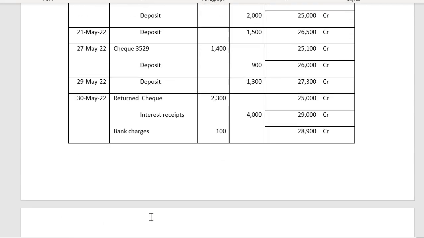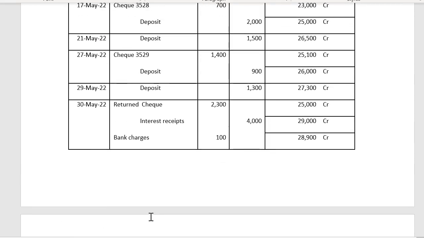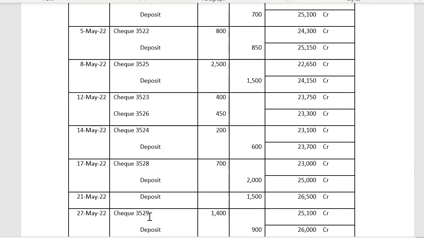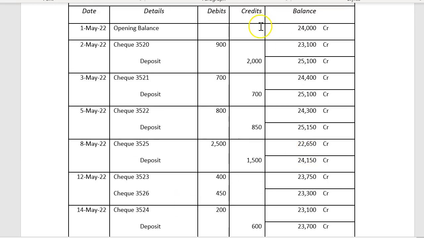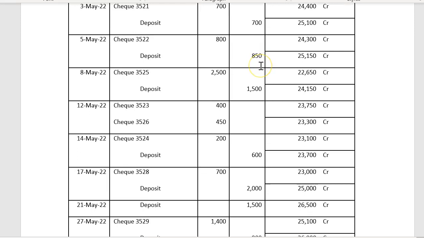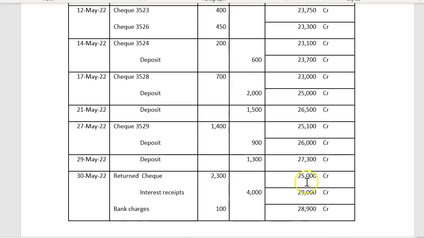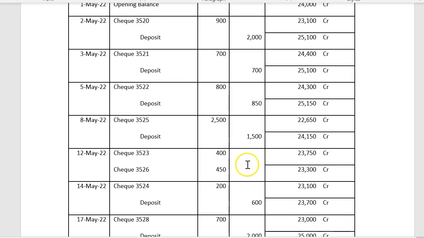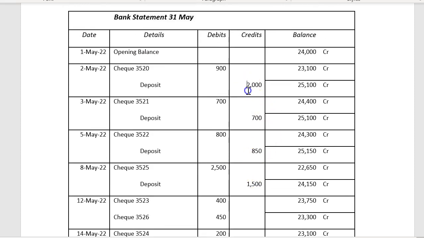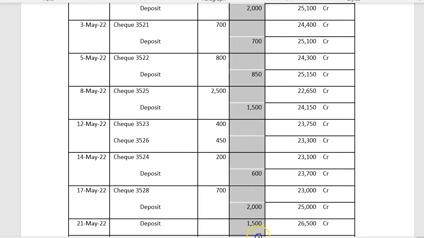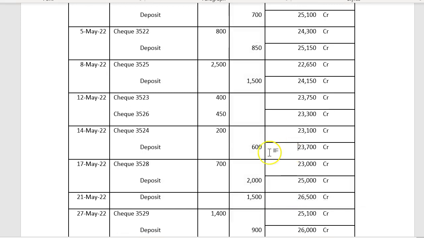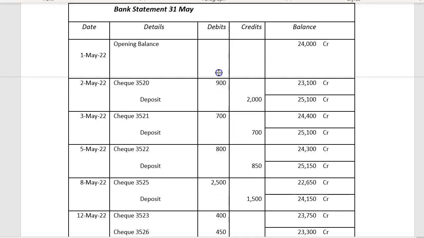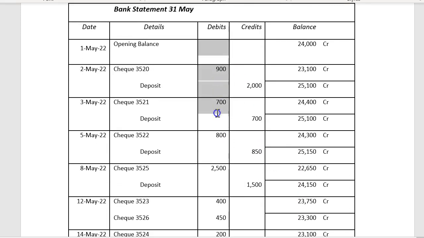Okay, before we move on to cash payments adjustments, let me go through the bank statement first. Keep in mind, when there's a positive balance in the bank account, it will be shown as a credit because the bank owes the business money. So all deposits and receipts appear in the credit column of the bank statement, and all payments appear in the debit column.